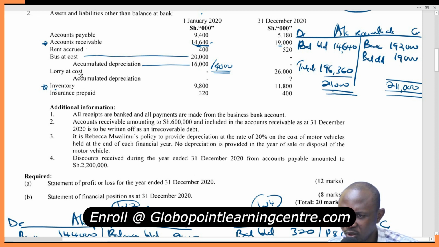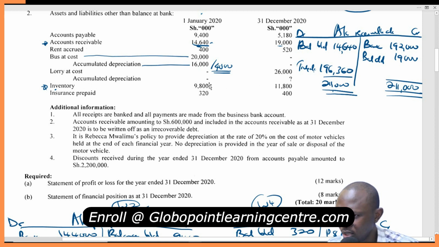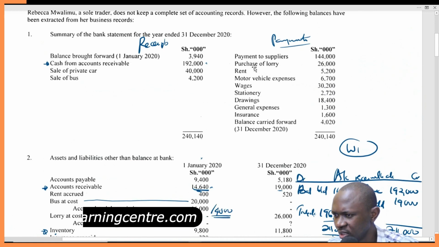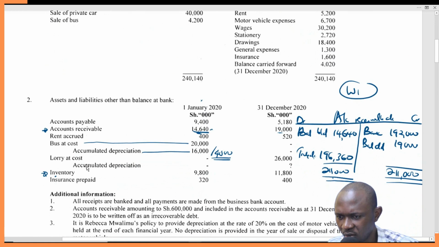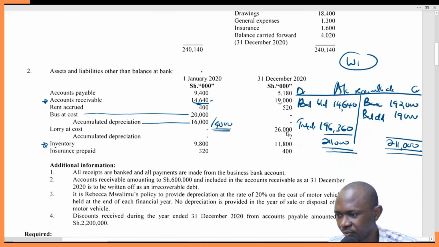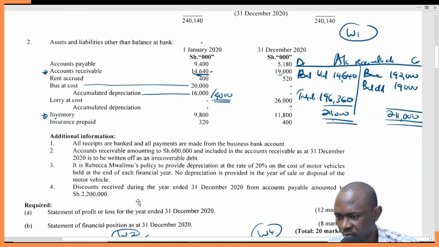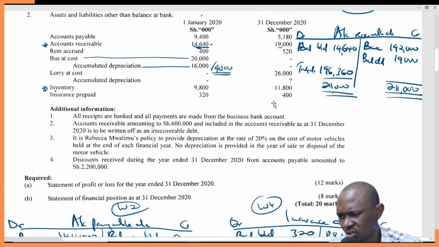Let's look at the next one, lorry at cost. This lorry is the same lorry that was purchased. This is a purchase of a lorry, 26,000. Because it's a new lorry, we are simply going to calculate the depreciation. Depreciation is 20% on the cost of motor vehicle. So 20% of 26,000 is simply 5,200.